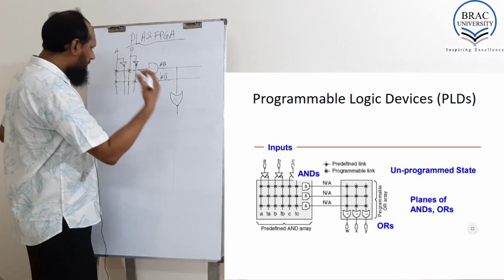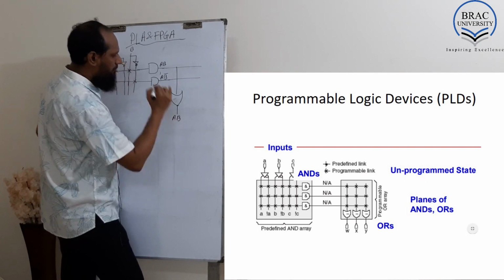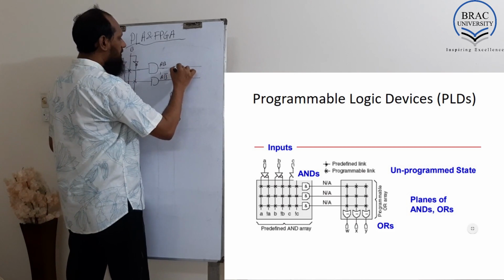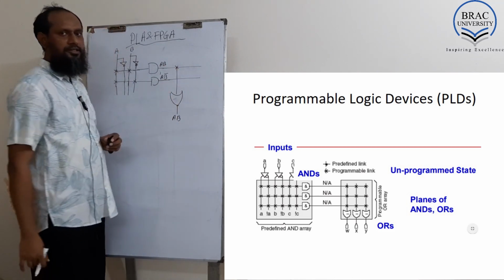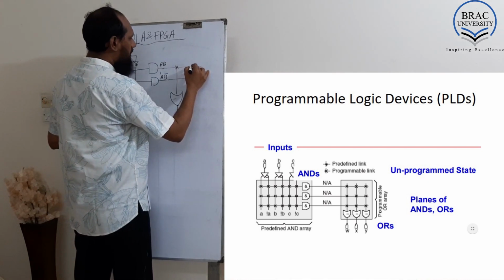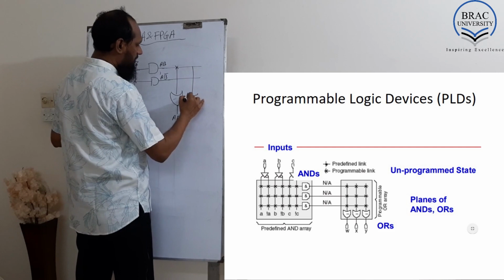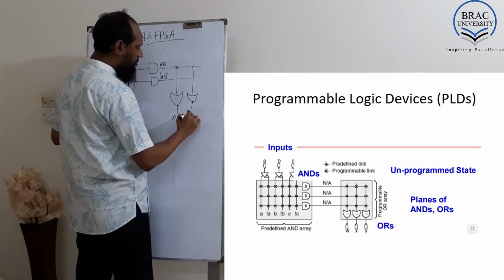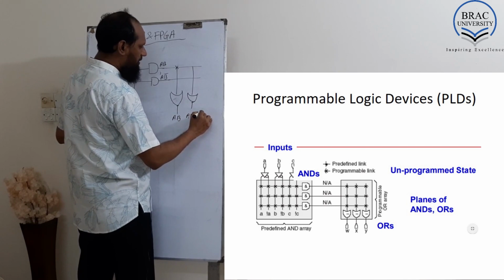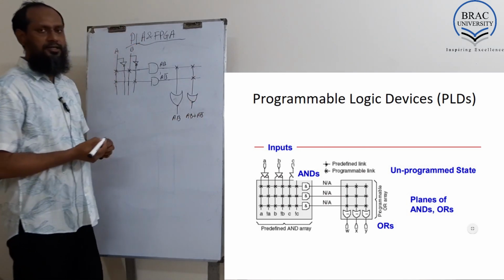If I wish just AB, then I will have a connection here, no connection here. But if we want the output AB plus AB dash, then this one and this one should be connected.